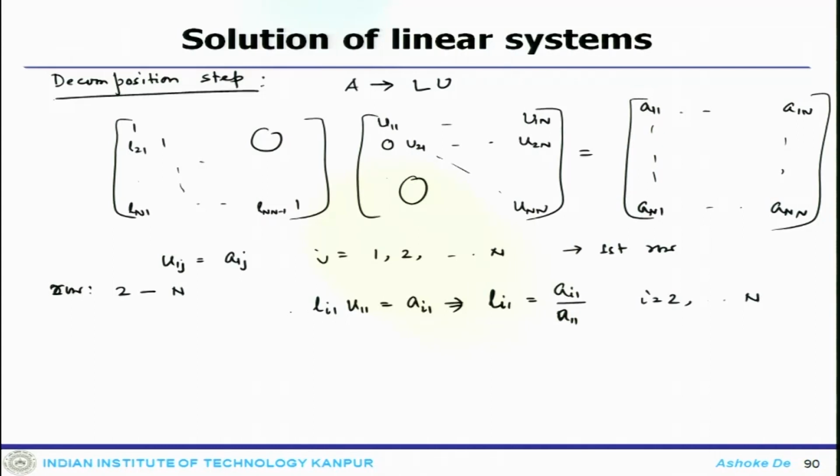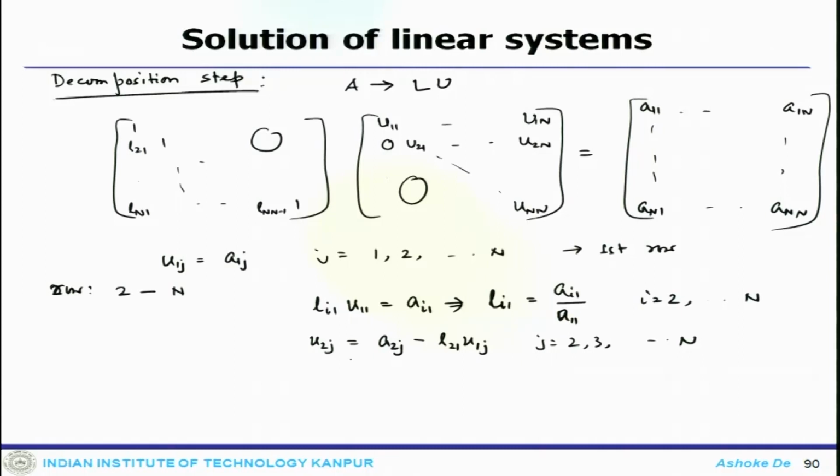Now this process is repeated by multiplying the second row of L by the second through nth columns of U to get u2j equals a2j minus L21 u1j, where j goes from 2, 3 to n.